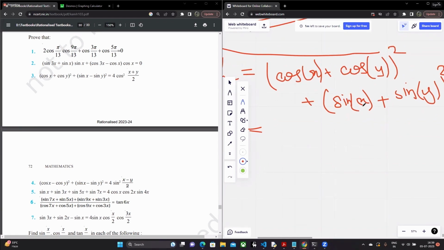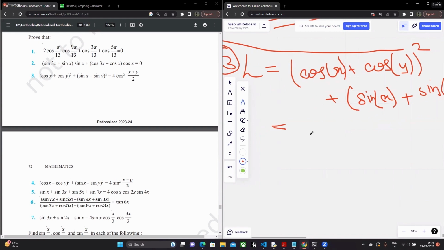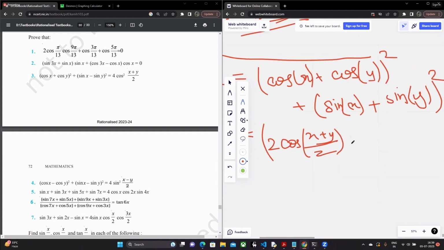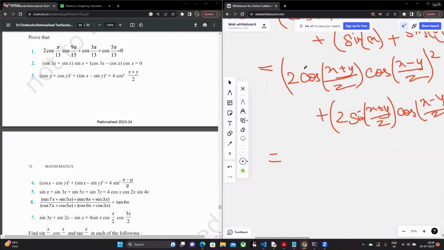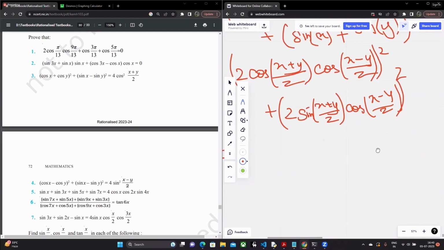I'll add cos x and cos y over here. I'll add sin x and sin y over here. So inside, I'll basically get 2 cos of (x plus y) by 2 cos of (x minus y) by 2, the whole square, plus this is going to be 2 sin of (x plus y) by 2 into cos of (x minus y) by 2. Right? So I'll basically take 2 cos (x minus y) by 2 the whole square out common from both.